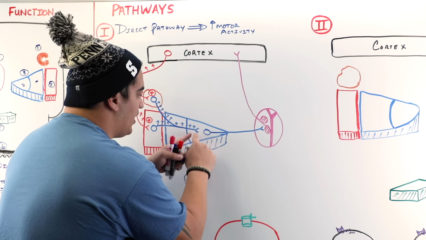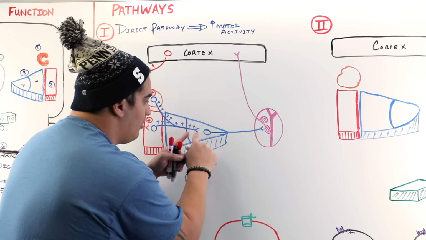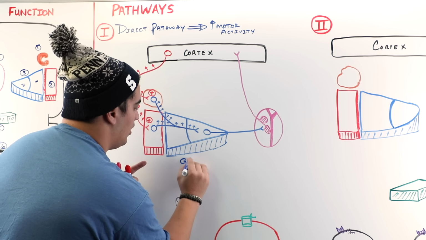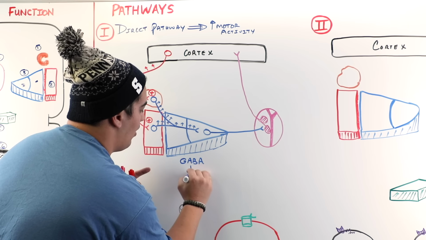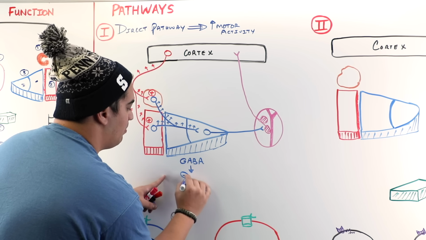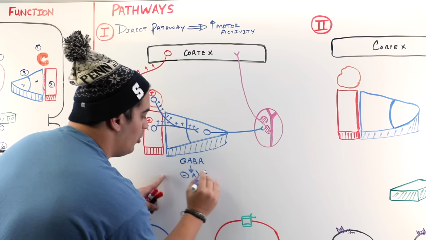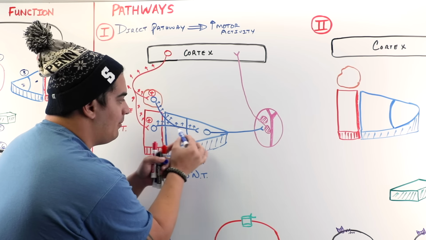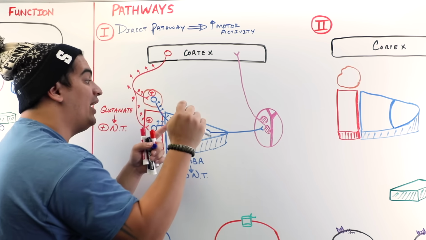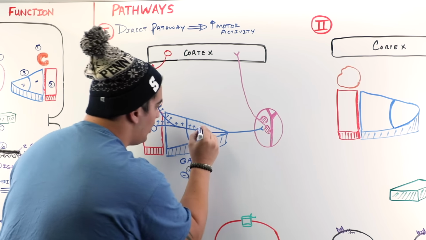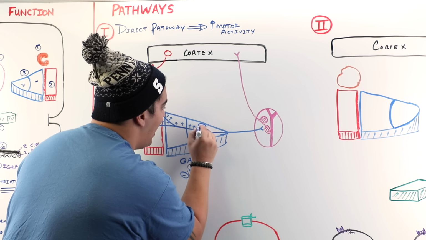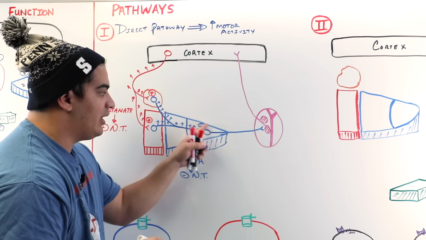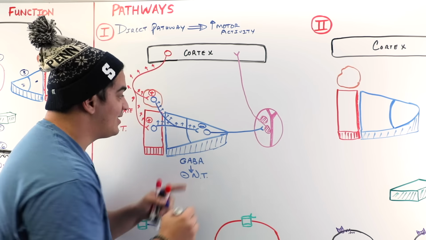The neurotransmitter being released from the striatum to the globus pallidus internus is GABA, gamma-aminobutyric acid. What I want you to remember, and we'll go into more detail later, is that simplistically, it is an inhibitory neurotransmitter. So when it is released from the neurons coming from the striatum onto the globus pallidus internus, it's going to inhibit that neuron. If we release a lot of GABA, because this is sending lots of action potentials, it's really going to inhibit the globus pallidus internus.